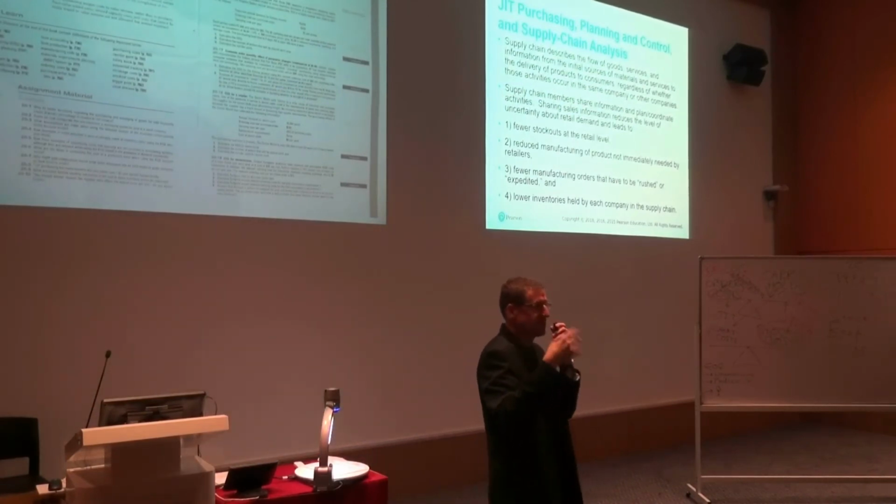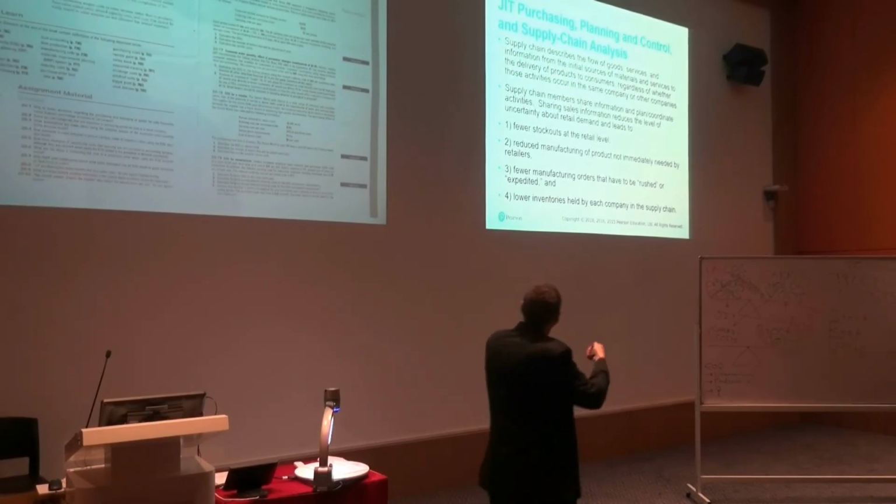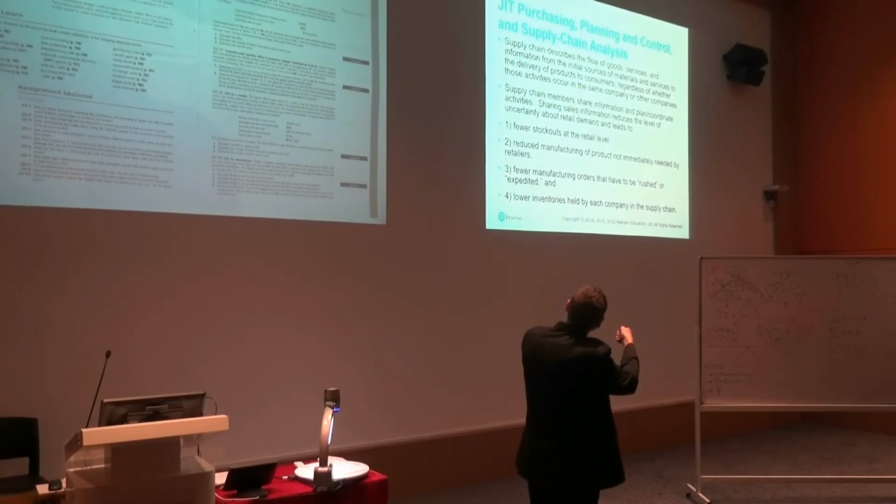So just to give you a prelude onto Thursday, supply chain describes the flow of goods and services from the initial sources to delivery. Supply chain members share information, plan, coordinate. And so it's all about fewer stockouts, fewer manufacturing orders, and lower inventory.